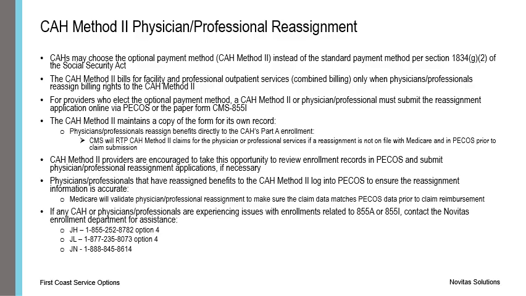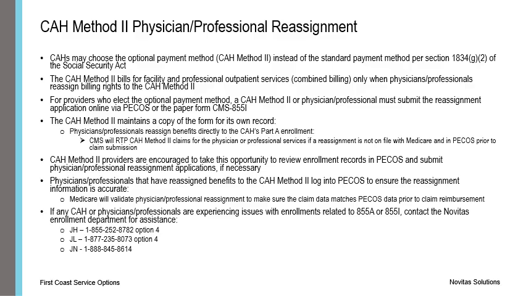CAH Method 2, Physician and/or Professional Reassignments. CAHs can choose the optional payment method, also known as CAH Method 2, instead of the standard payment method, CAH Method 1, per Section 1834(g)(2) of the Social Security Act.